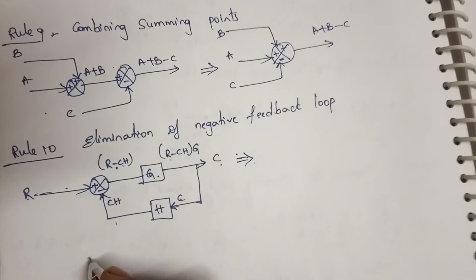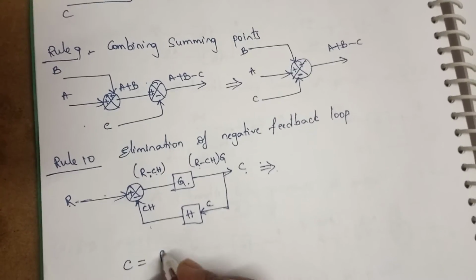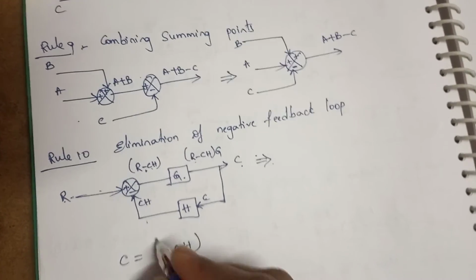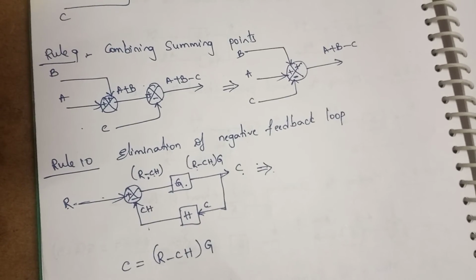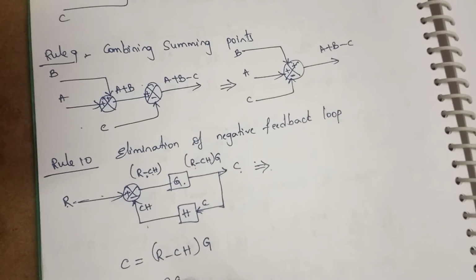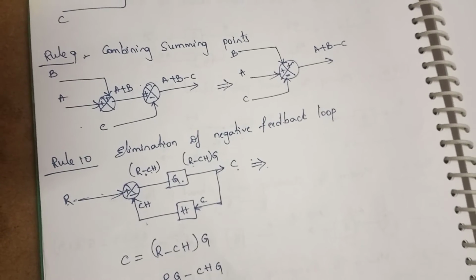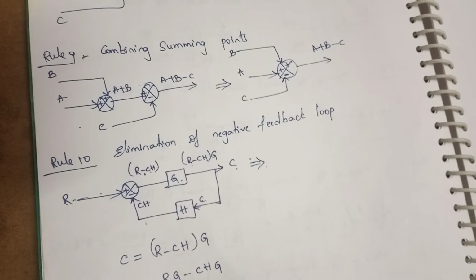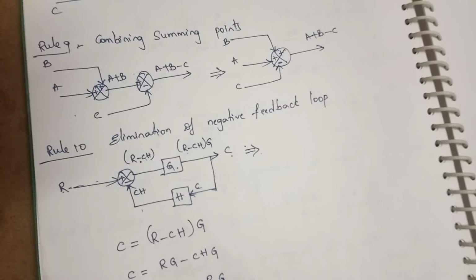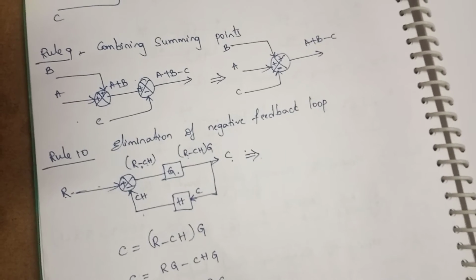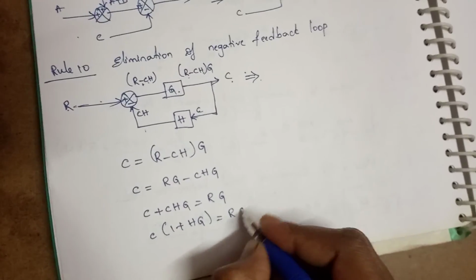Or else we can derive this. C is equal to R minus CH into G, so C is equal to RG minus CHG. C plus CHG is equal to RG. If we take C common, C into 1 plus HG is equal to RG.